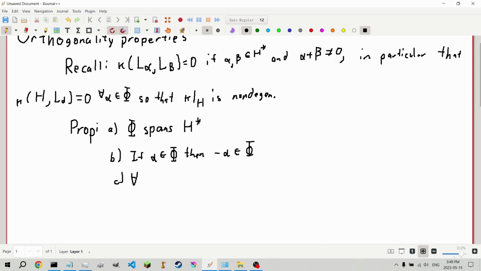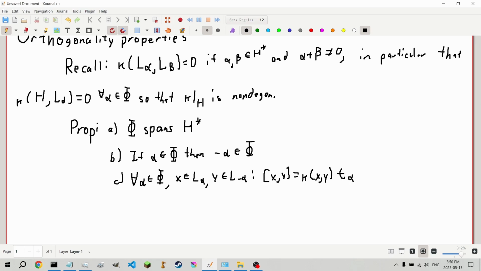Now we have, if alpha is a root, with x an eigenvector in L alpha and y an eigenvector in L negative alpha, then the bracket of x and y is equal to the Killing form of x and y multiplied by t alpha, the equivalent of the root alpha in our space.